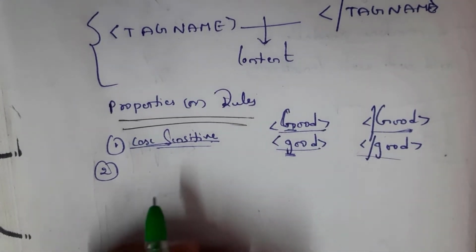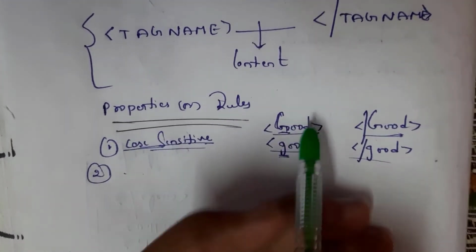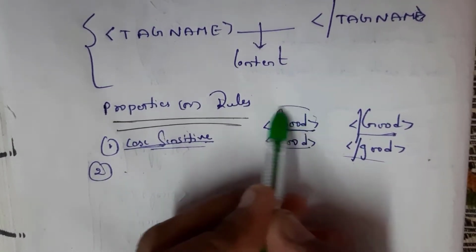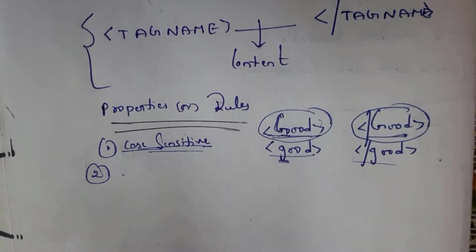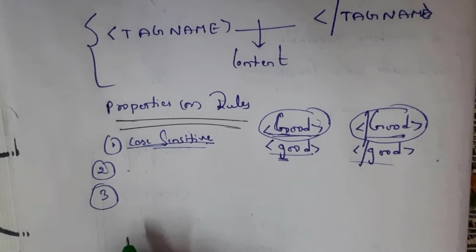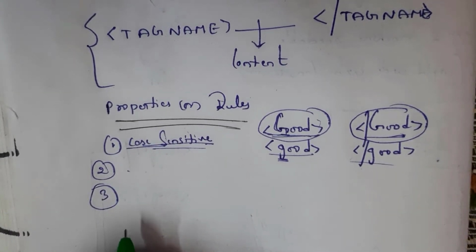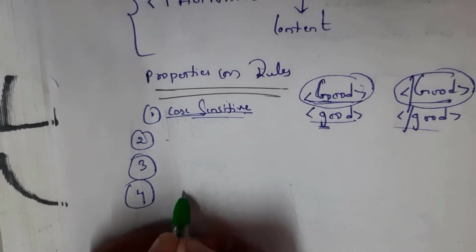The next one is, for every open tag there is a closed tag. See this example, this is an open tag. For every open tag there is a closed tag. This is the second rule. And the third rule is, for every XML document there is one root element. And the fourth point is, XML is nested.